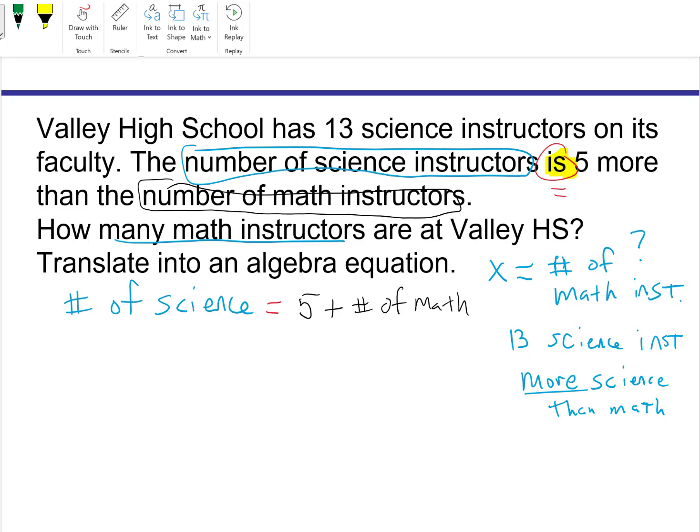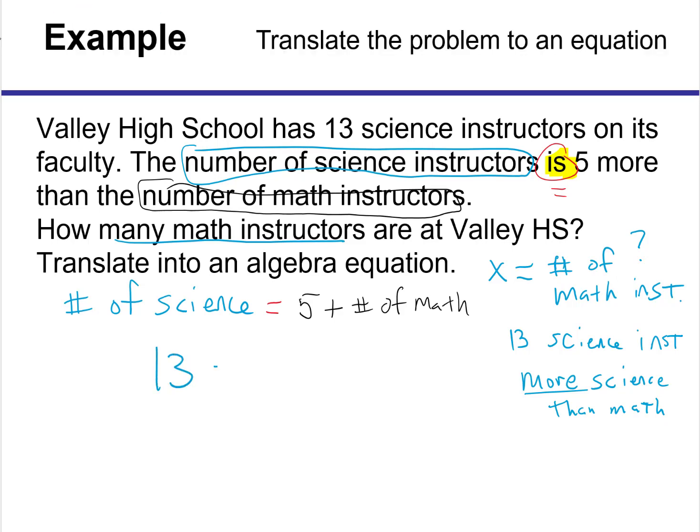I know already that that is 13 science instructors. I see that there's 5 more, so I'm adding 5 to something, and I'm adding 5 to the number of math instructors. Well, what's the number of math instructors? That I don't know, but I'm representing it with X.